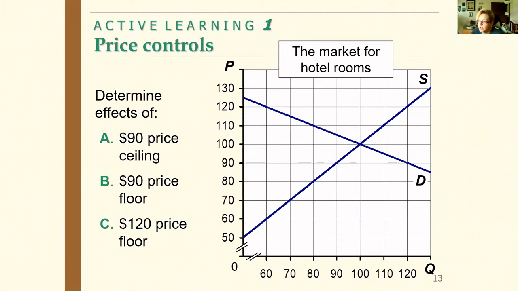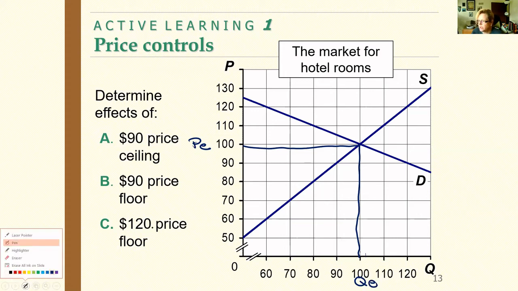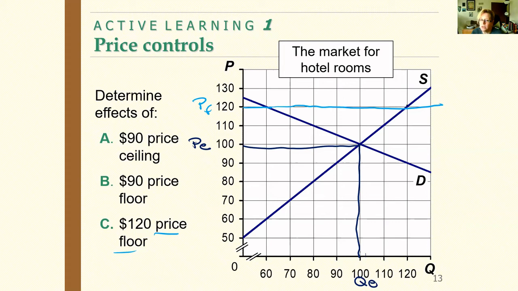Okay, let's go ahead and do the last one, C. $120. Okay, so let's go ahead and find our price equilibrium. P sub E is 100. Quantity equilibrium, 100. Let's go ahead and put in the $120 price floor. Okay, so this is our price floor at 120. Go ahead and put that in. First question, binding or non-binding?